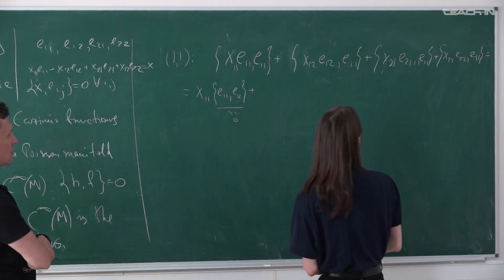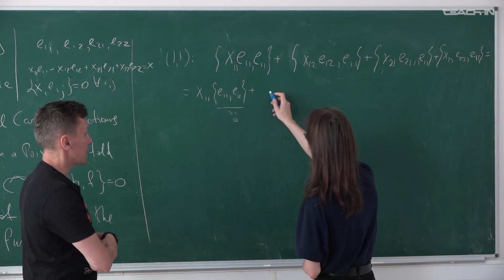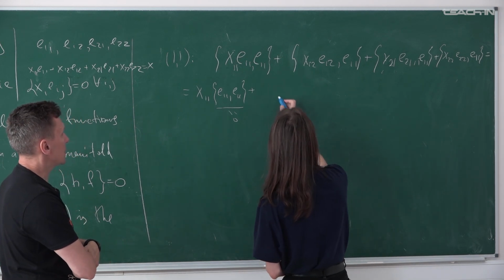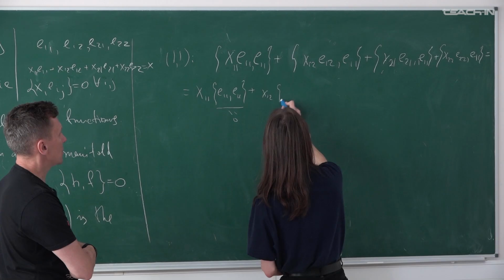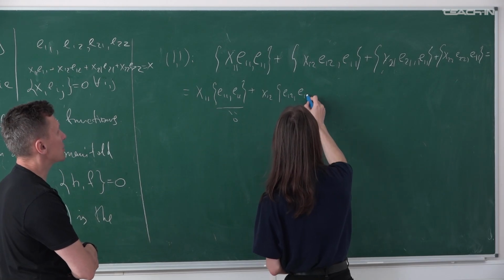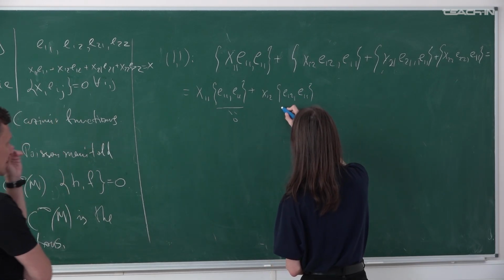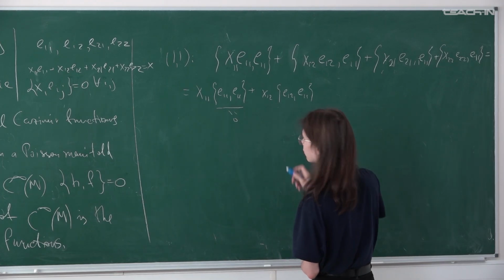And for the others, x12, do you remember what the Poisson bracket is? It's the Kronecker symbol.